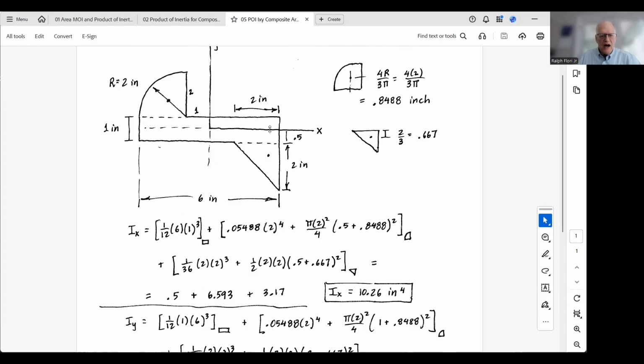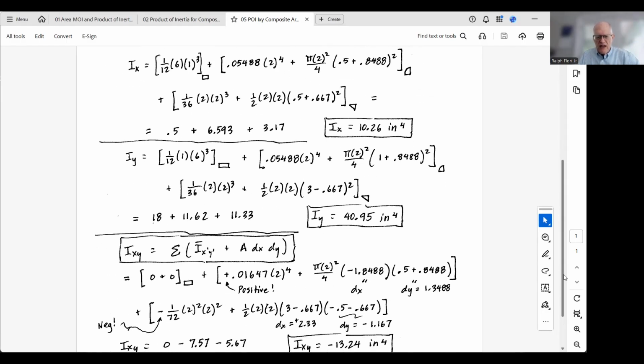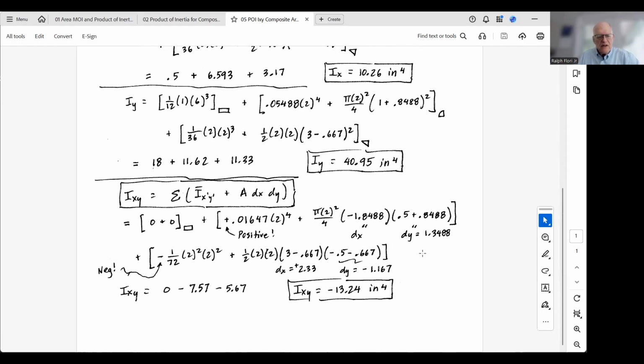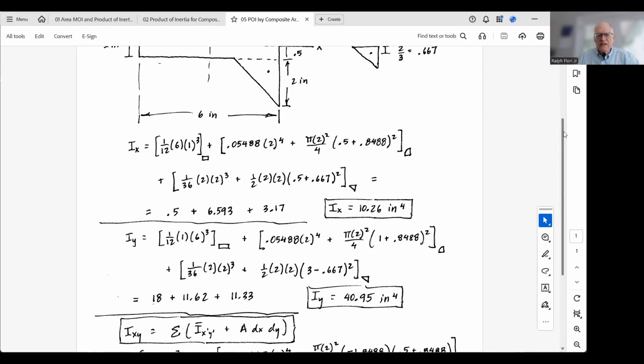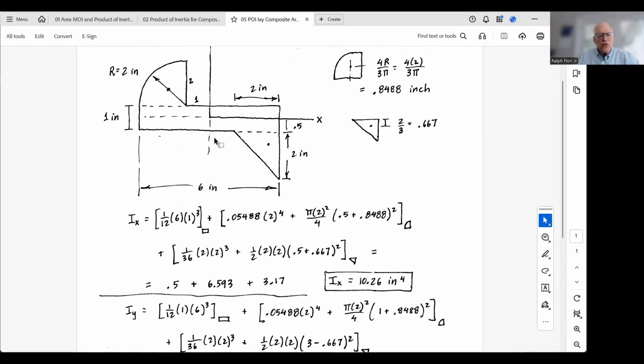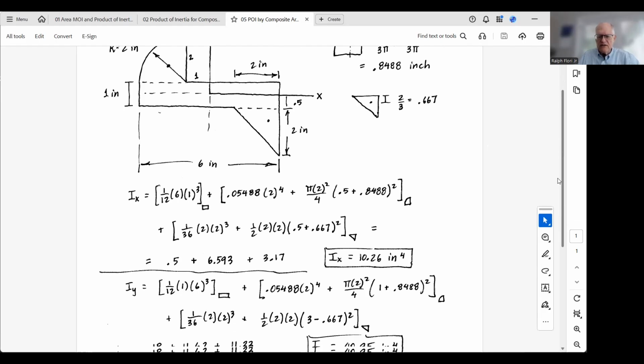And so his dy is 0.5 plus 0.667 in the negative direction. And so that dy is negative 1.167. His dx is 3 minus 0.667, which is 2.33, positive 2.33 for his dx.